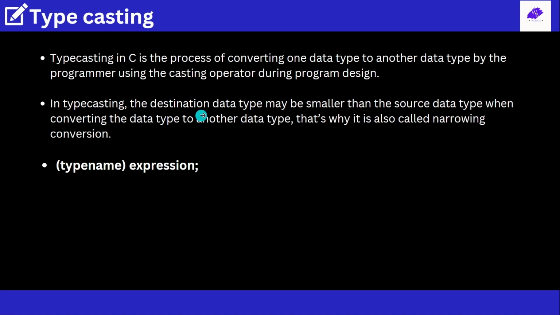So in typecasting, the destination data type may be smaller than the source data type when converting to another data type. That's why it is called narrowing conversion. Typecasting is done by the syntax, that is type name and then the expression whichever you want to convert.